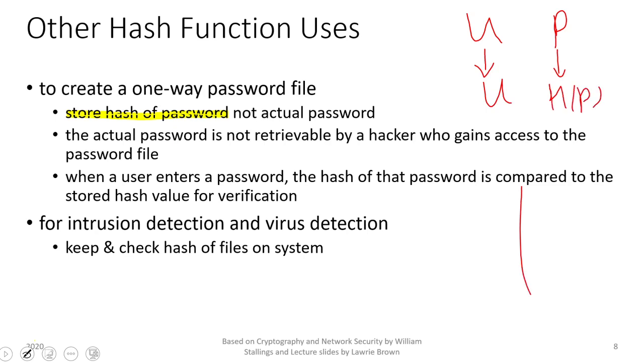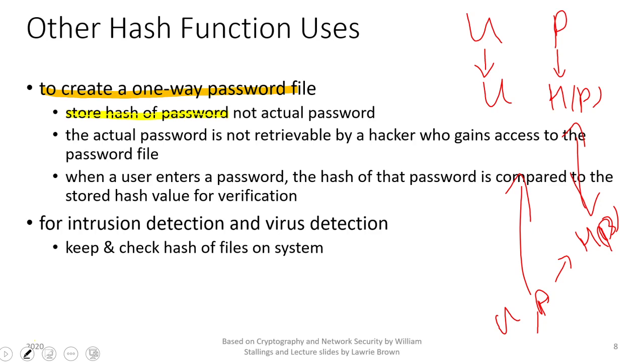Then at the time of login, the users would send their username and password, but you would generate the hash of the password and compare these two to verify the password is correct. So you will never save the actual password. That is one of the other instances where you would use hash functions, to create one-way passwords.